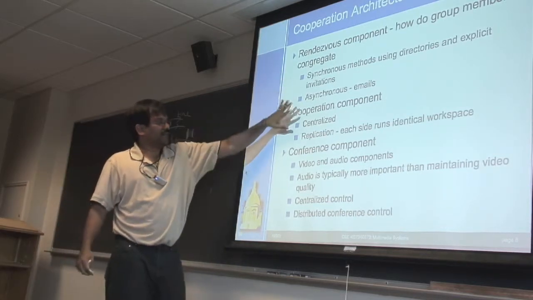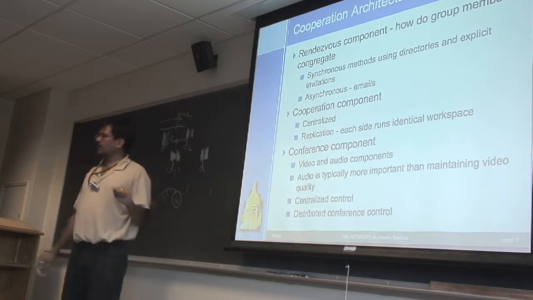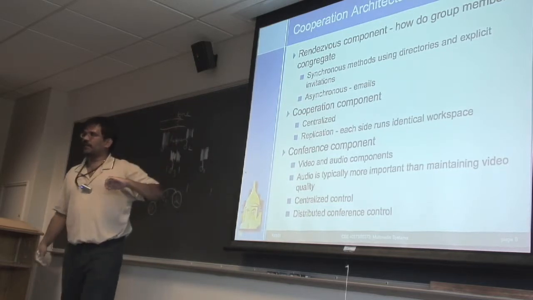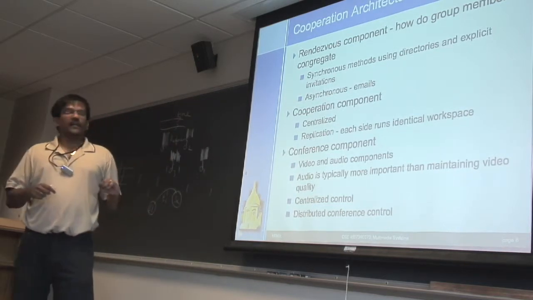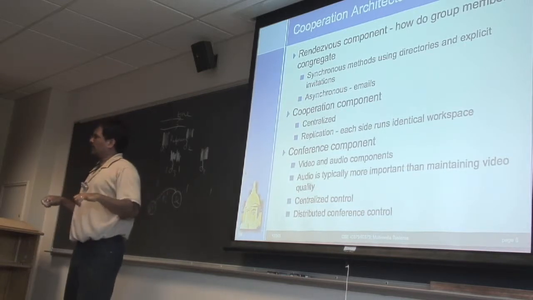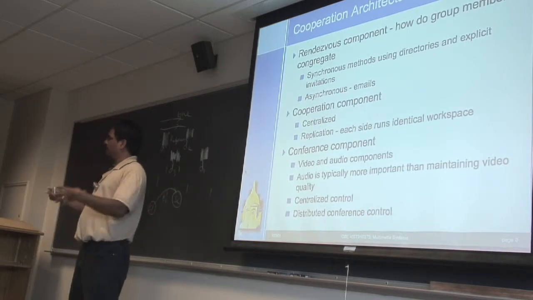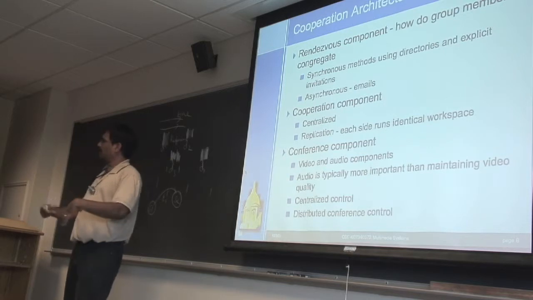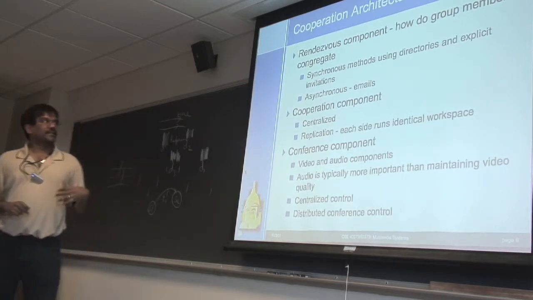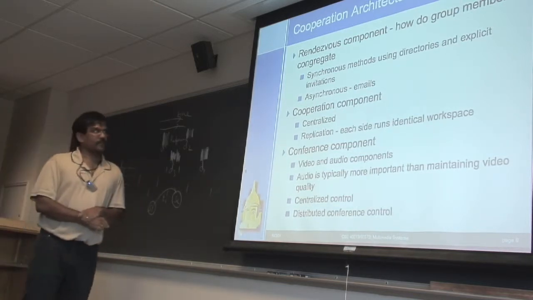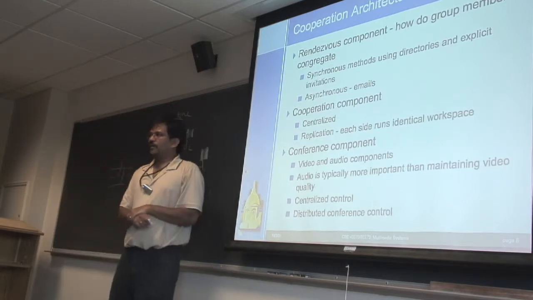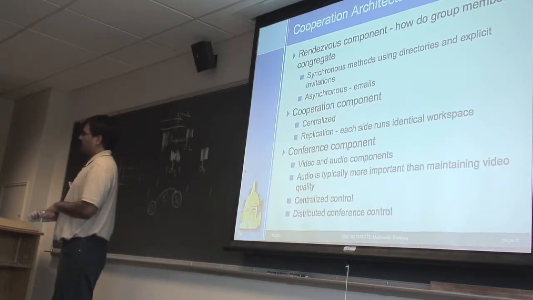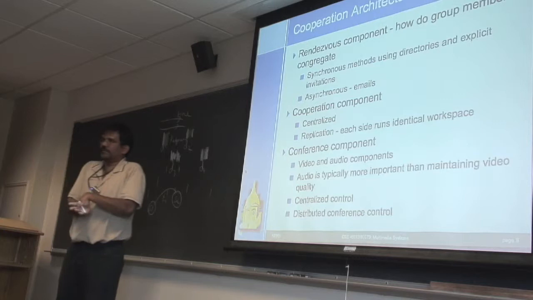So the three main components of this architecture, first, is the rendezvous component. The rendezvous component defines how the different group members congregate, how the different members add each other. So the first thing is, how do we find each other? How do we find others, people who are part of this group?